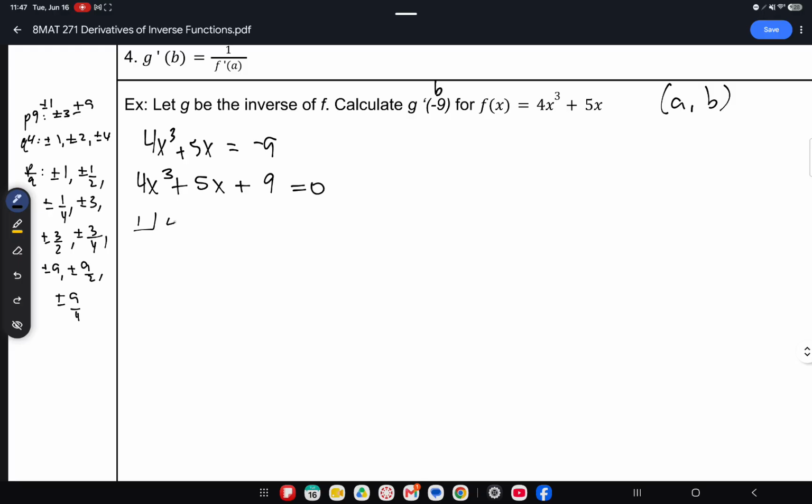Then I can try and just start dividing some out. Let's start with 1: 4x cubed, 0x squared, 5x, and 9. That'll be adding, so no. Let's try -1.